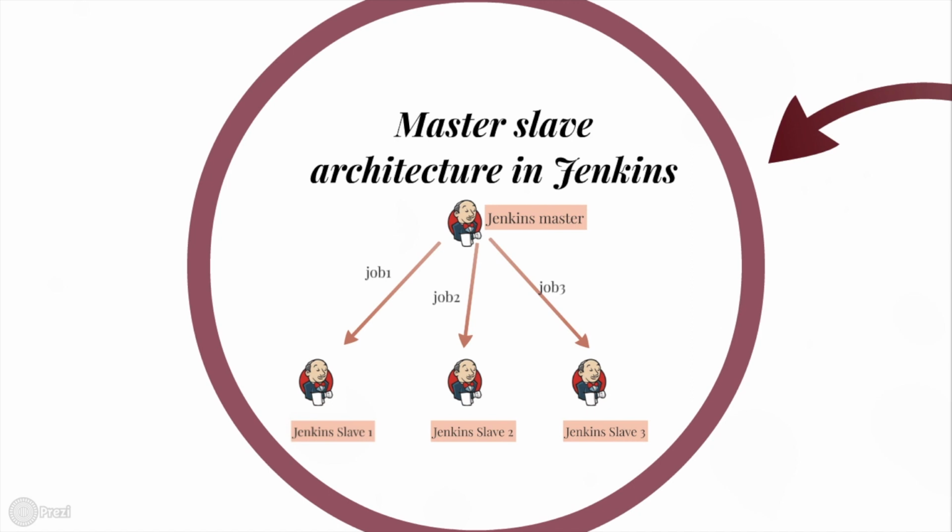We can create different slaves based on different structures and environments, and a number of different jobs for different purposes can run on the slaves through the master. So it is controlled by the master system, and it runs on the slave system side. This is a very brief overview of how the master slave architecture works.